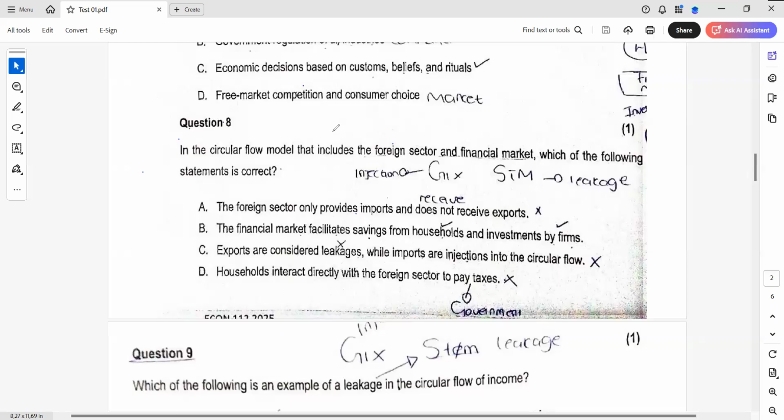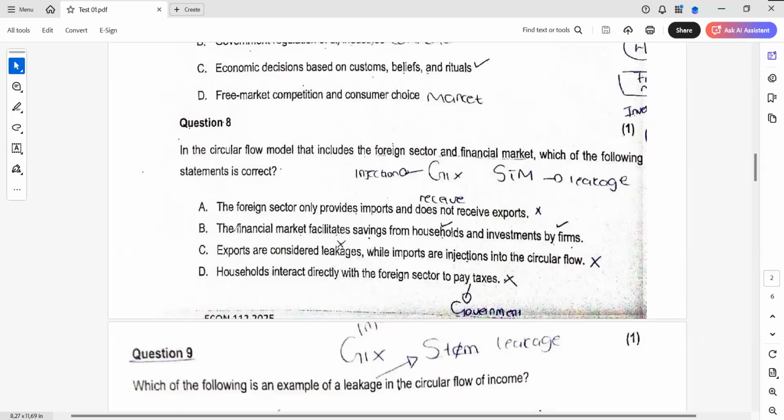Then the foreign sector also purchased from the firms, the goods were moving from the firms to the foreign sector, and the foreign sector was paying for those goods and services, for those exports. So saying that the foreign sector only provides imports and does not receive exports is not correct, because they provide imports to the households, that is true, but they also receive exports from the firms. So this one is not correct.